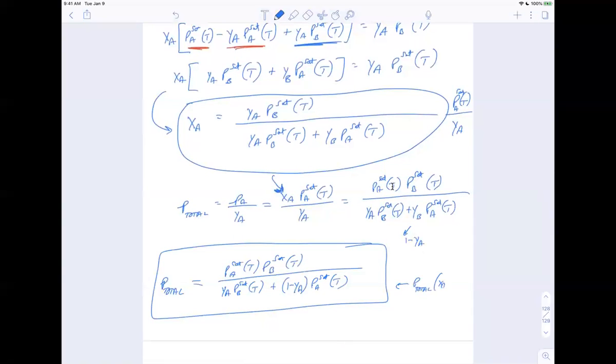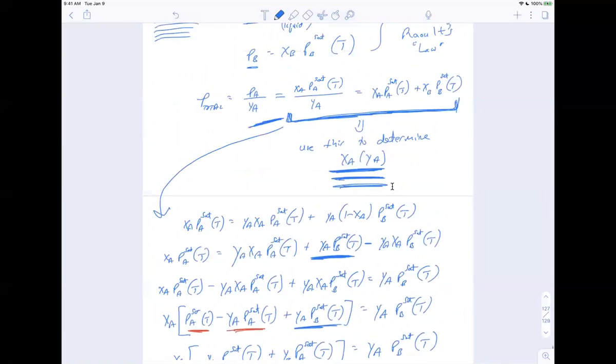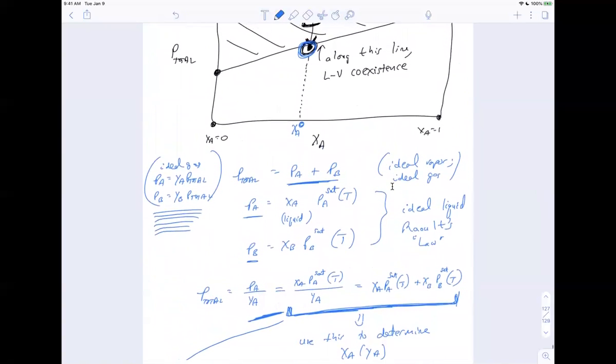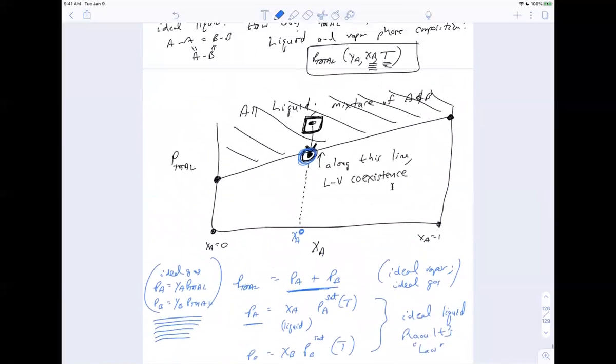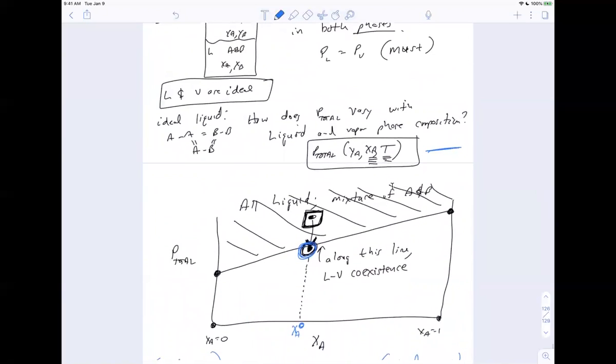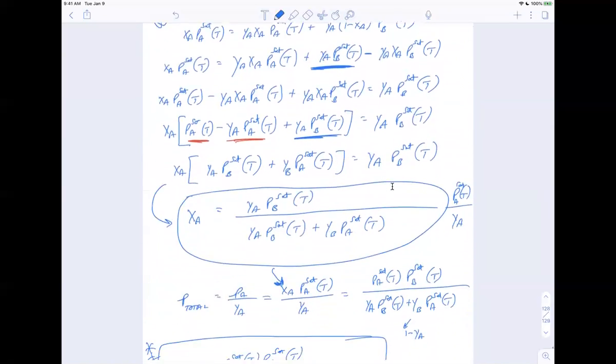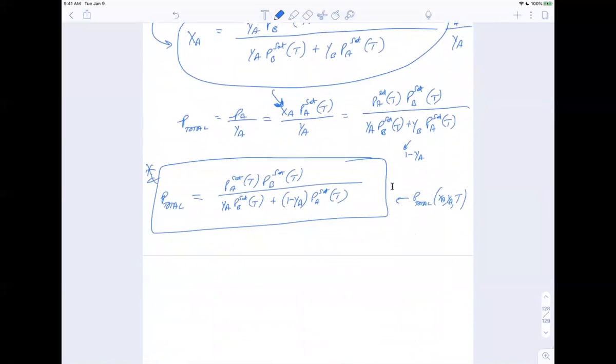Now X sub A, Y sub A, and T. That's what we were after at the beginning of this whole discussion. P total as a function of X sub A, Y sub A, and T. Well, we already found the X sub A dependence last class, and now we just found the Y sub A dependence.